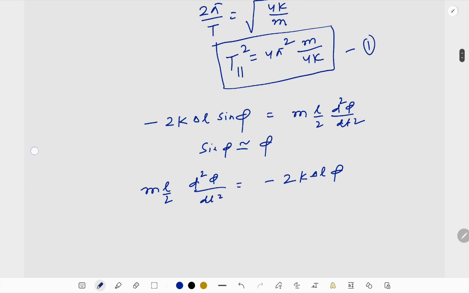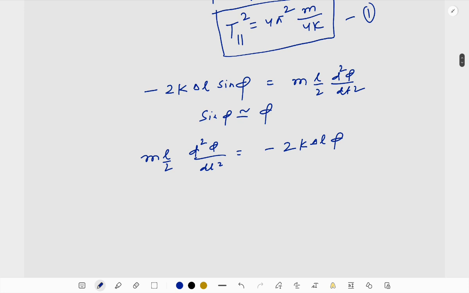And now we can write the equation like d²φ/dt² + (4kΔL/ml)φ = 0.